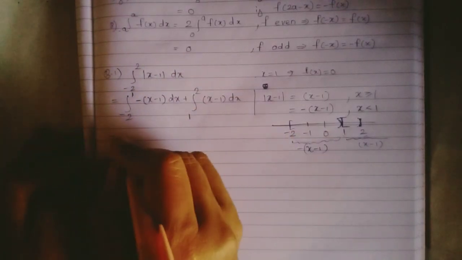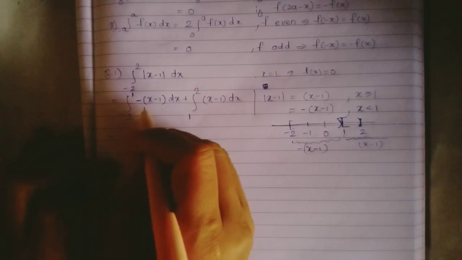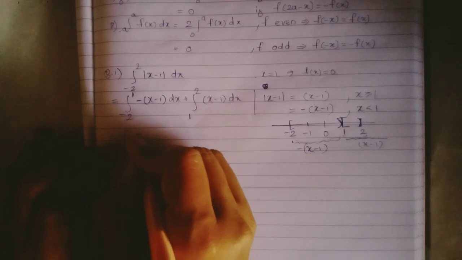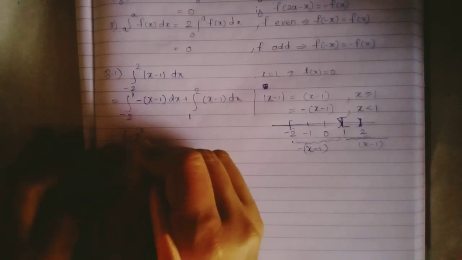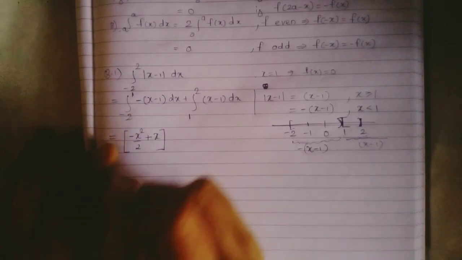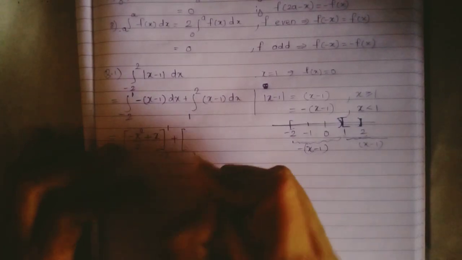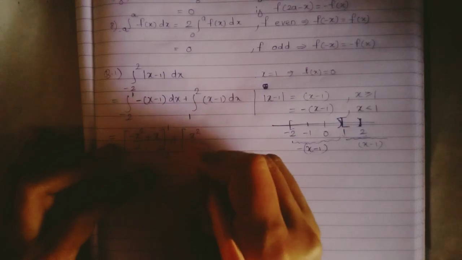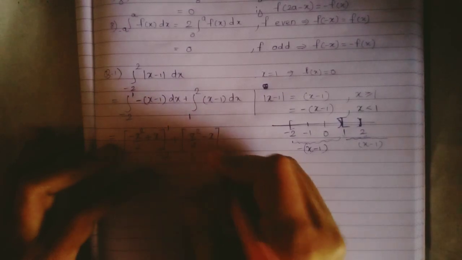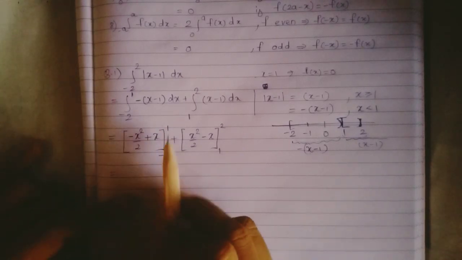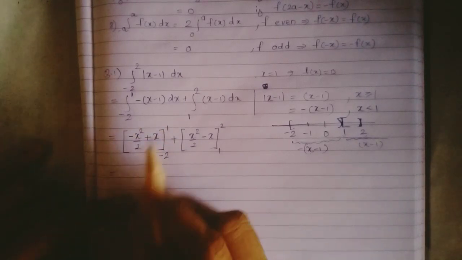Integrating, you will get minus x square by 2 plus x, from -2 to 1, plus x square by 2 minus x, from 1 to 2. So it is b minus a: first you have to put 1.